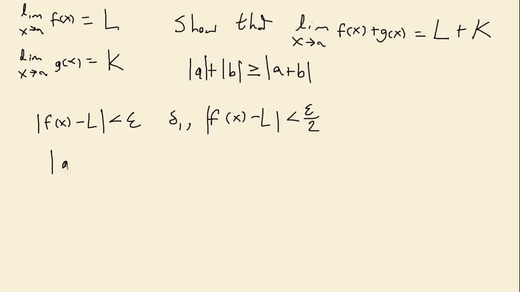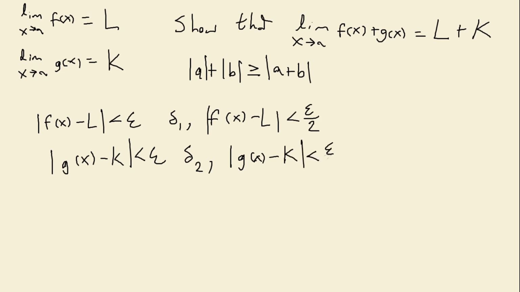We can go by the same reasoning for g of x, and we could say that for delta 2, the absolute value of g of x minus k is less than epsilon over 2.